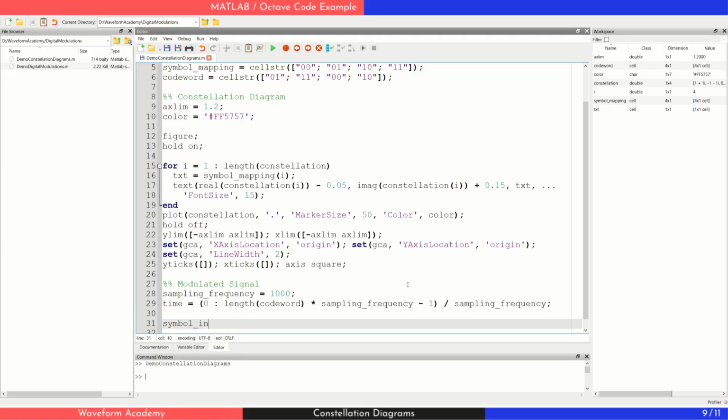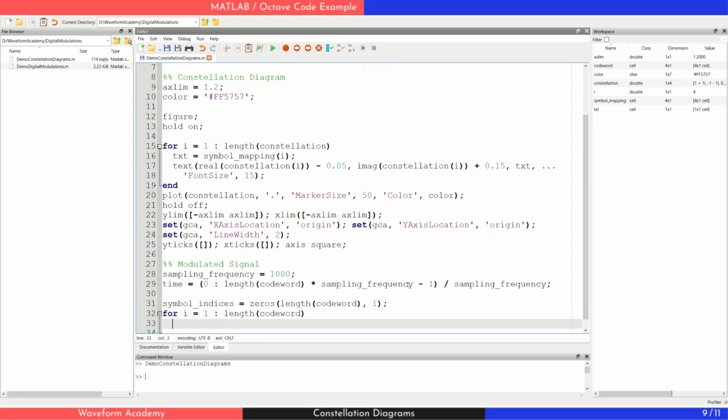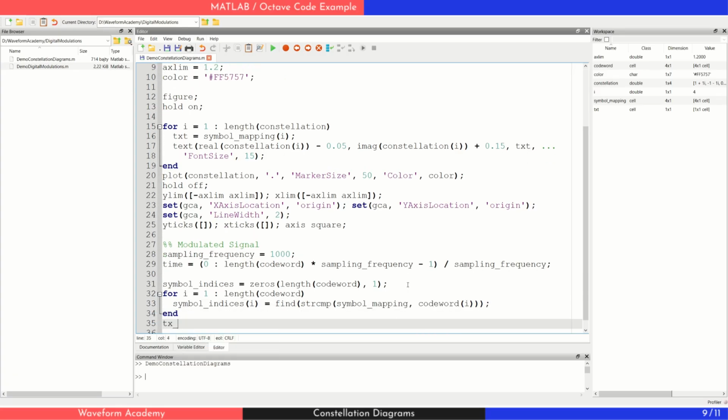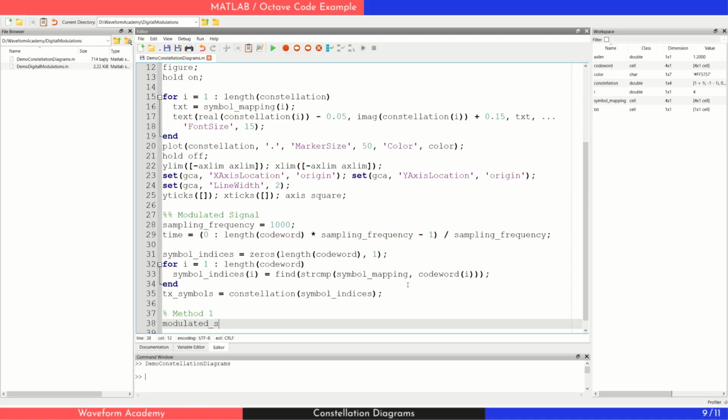Next, we identify the corresponding symbol indices by comparing each bit pair in our bit stream with the codebook we defined earlier. This step allows us to map raw data to specific complex symbols based on our initial constellation map. The first method we'll demonstrate is direct phase shifting and amplitude scaling.